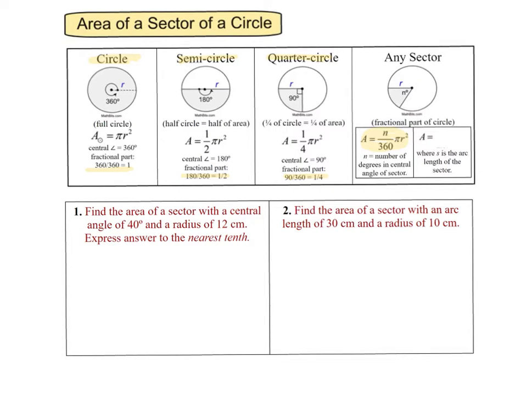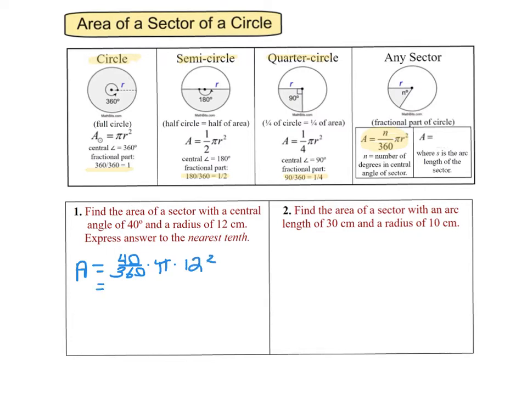That's why it's A equals pi r squared, and then the n over 360 is just the amount of the circle that you're finding the area of. So if we go to this first problem, it says find the area of a sector with the central angle of 40. So A is equal to 40 out of 360 times pi times, and your radius is 12, so 12 squared.